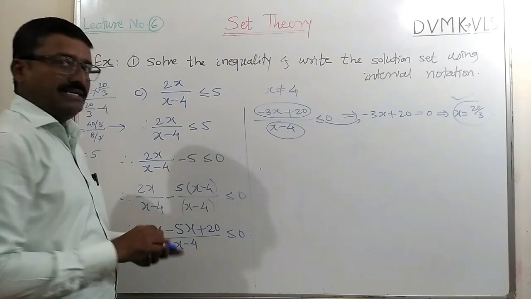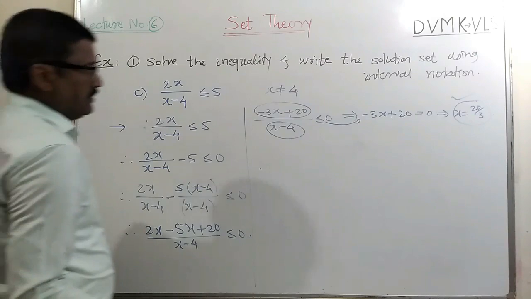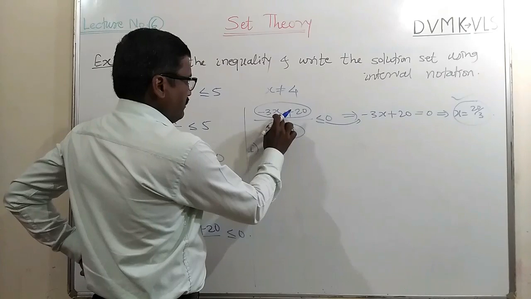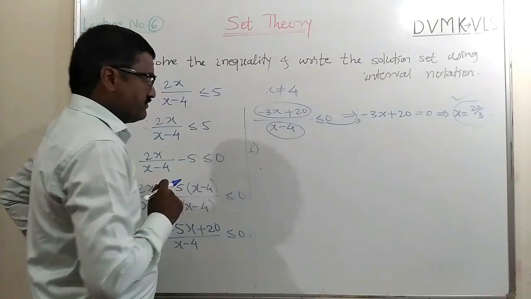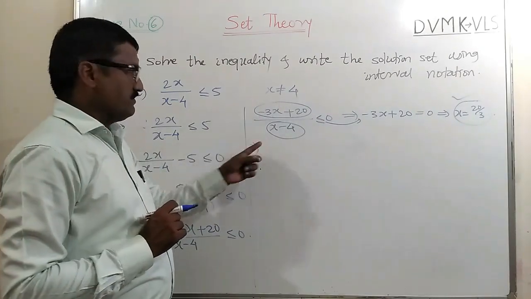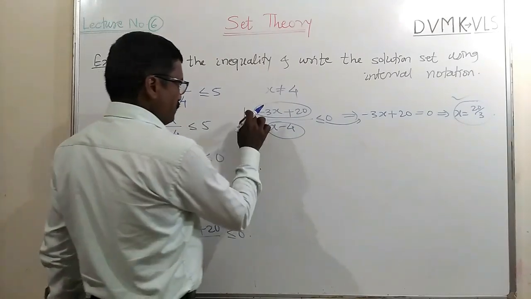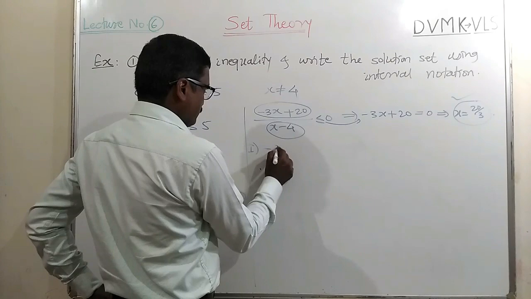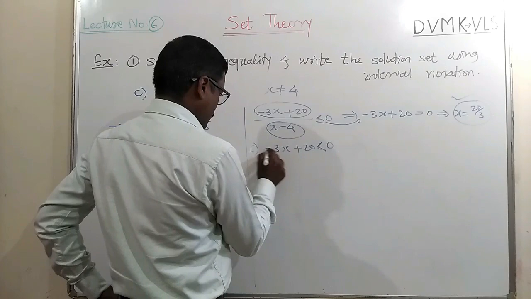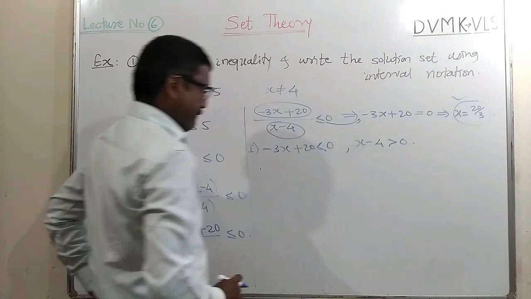We have found the solution for only the equality. Now let us think about the inequality, that is less than. So that will be one solution. Now case first. When this is less than 0, the division will be negative. We know that the division of two numbers is negative when one of them is negative. In the first case, suppose the numerator, minus 3x plus 20, is negative and x minus 4 is positive.